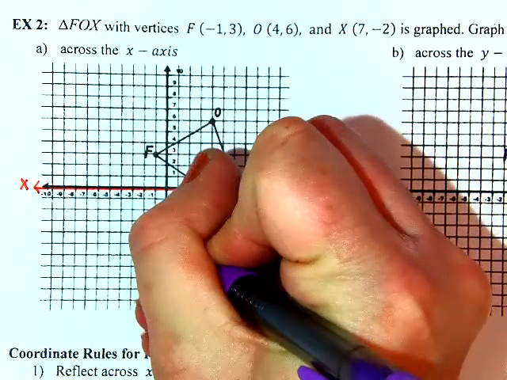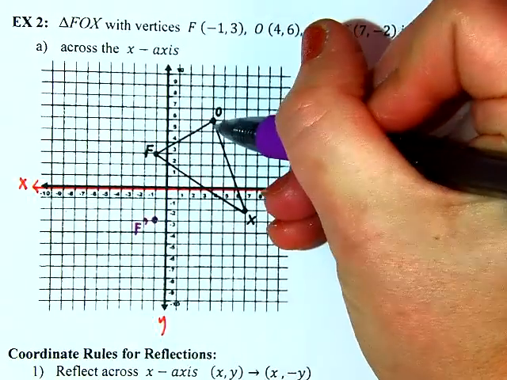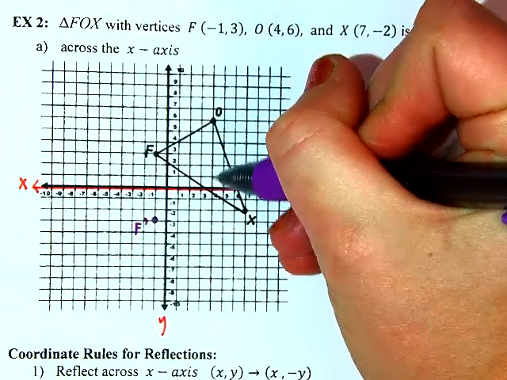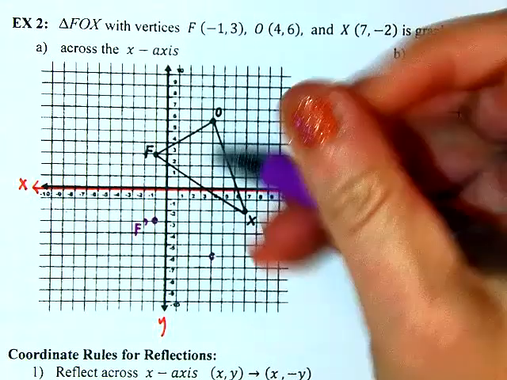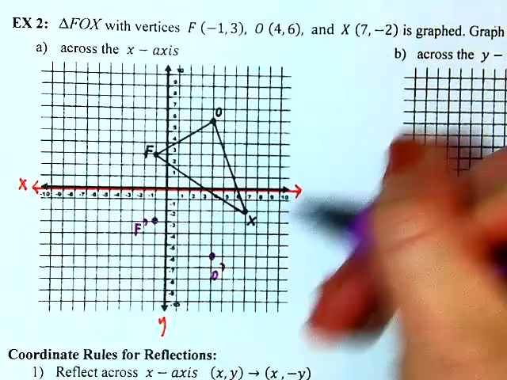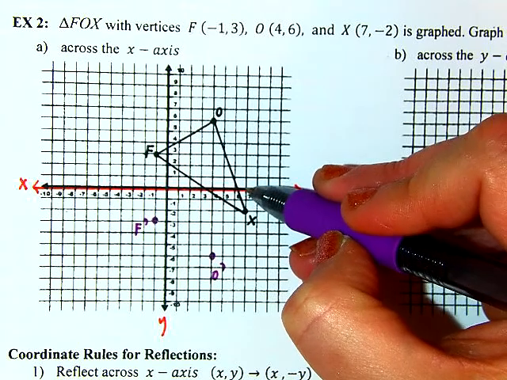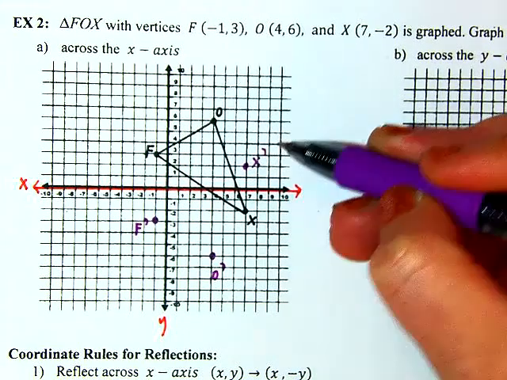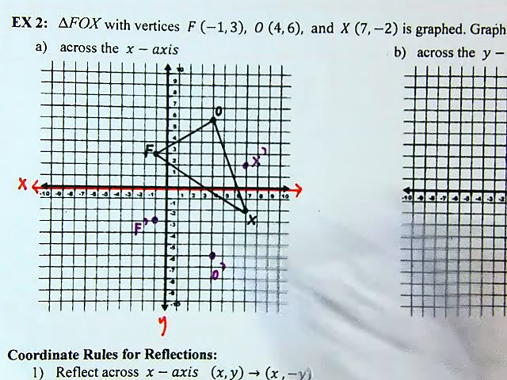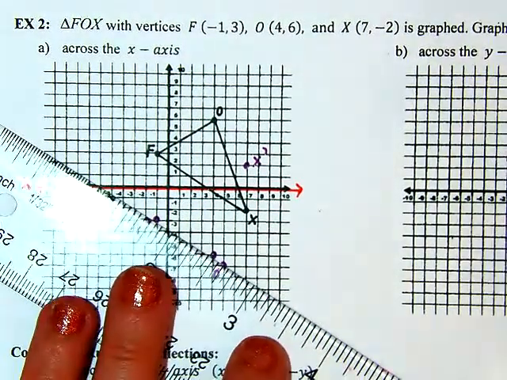So here's my F prime. O is 6 away, so I need to be 6 away in the opposite direction. So right here, O prime. And X is 2 away, so 2 away in the opposite direction puts me right here. Here's my X prime. And then I can connect my dots.